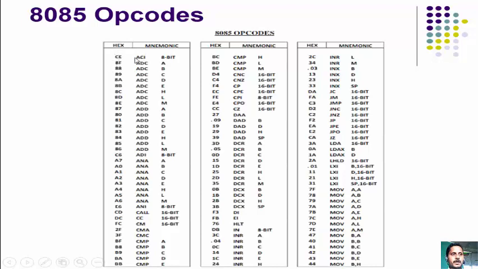The first instruction is ACI. ACI indicates add immediate with carry, and its equivalent operational code or opcode or hex code is available at the left hand side. In this way, ADC, add with carry.